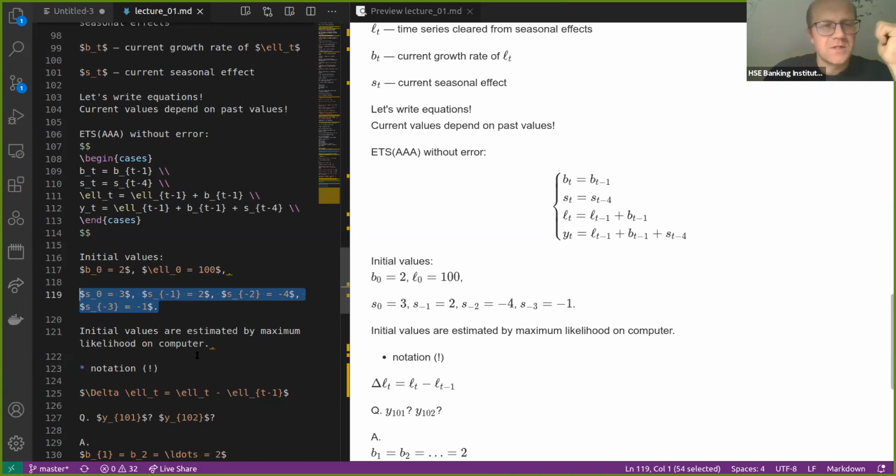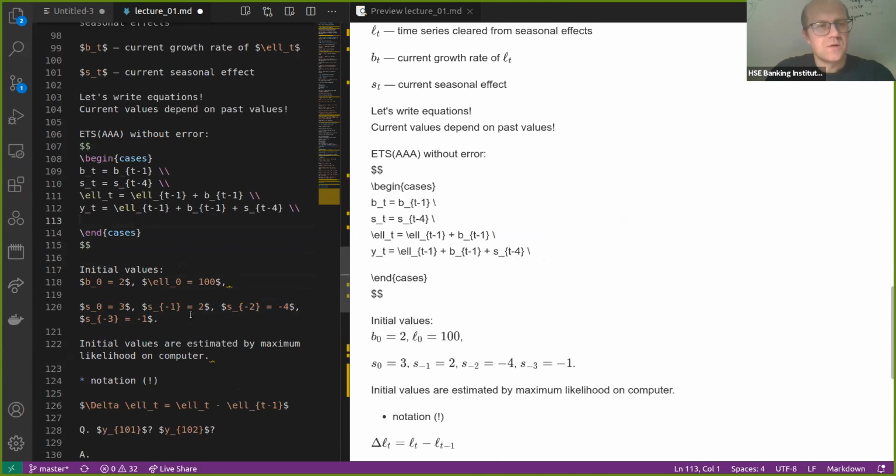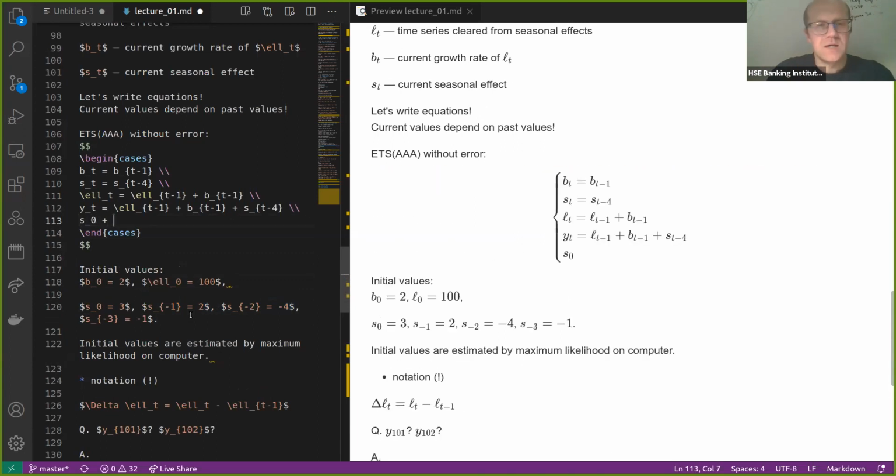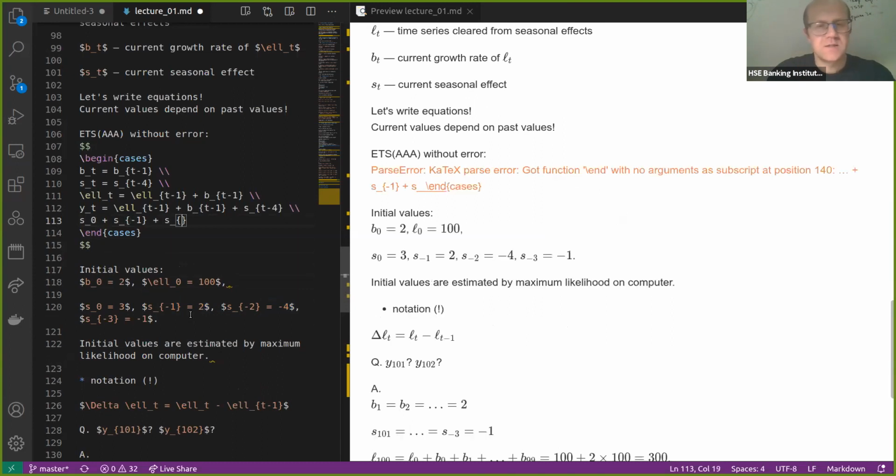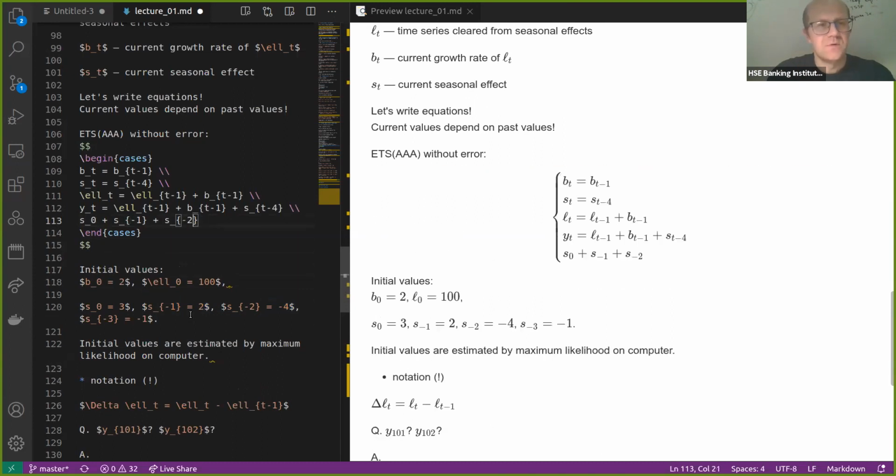Yes, there is a hidden equation: S0 plus S-1 plus S-2 plus S-3 should be equal to 0.